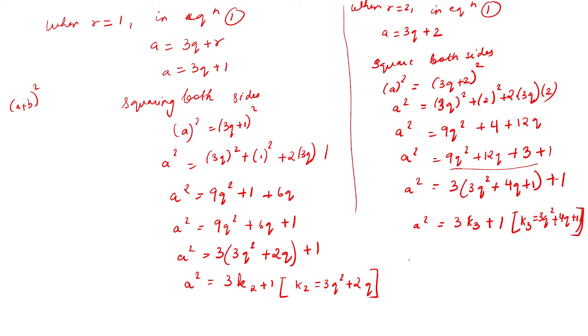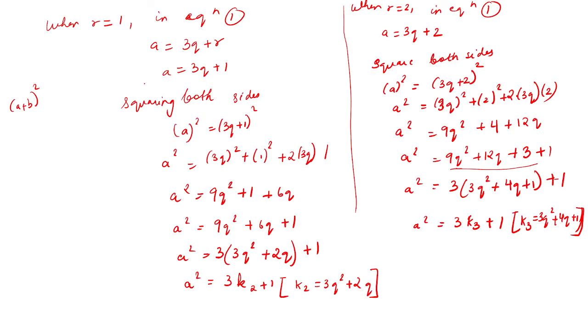Therefore, when r is equal to 0, our a was equal to 3k1. When r is equal to 1, a was equal to 3k2 plus 1. When r is equal to 2, what was our a?